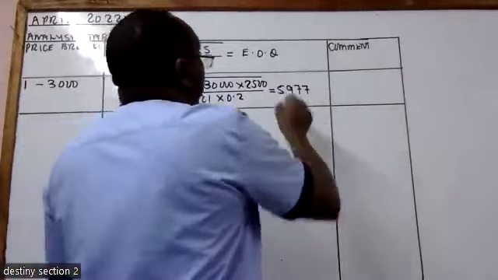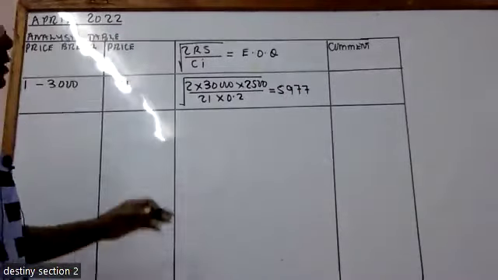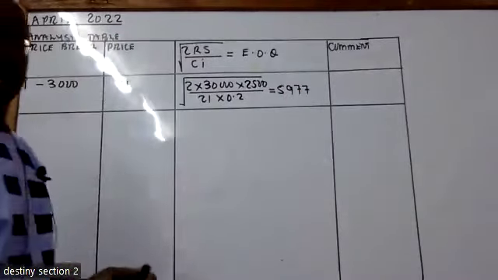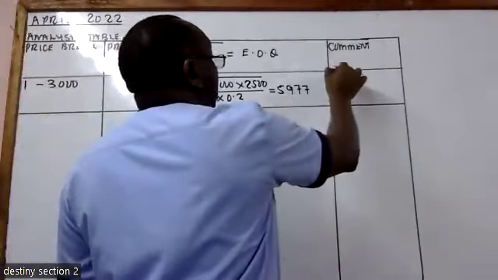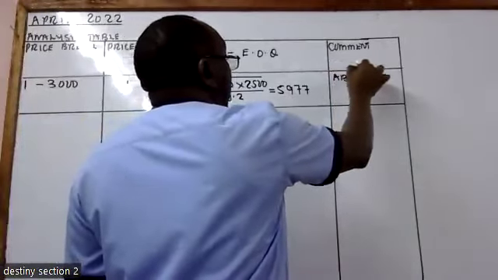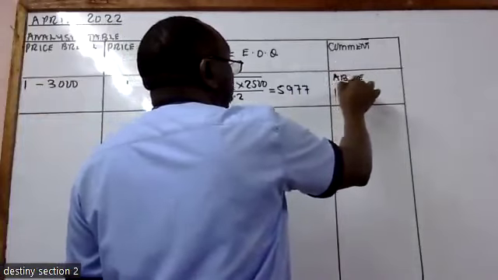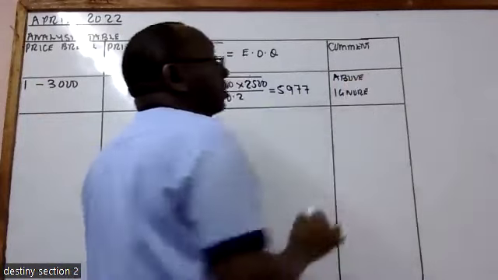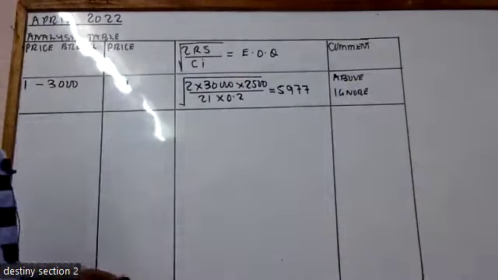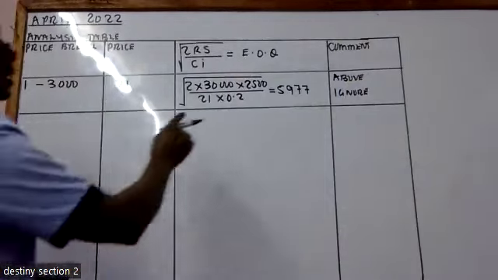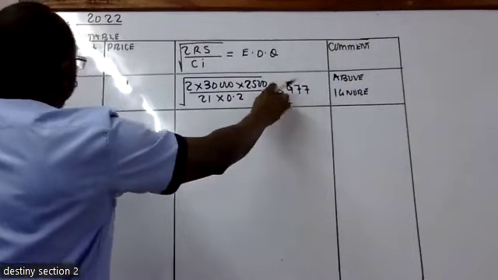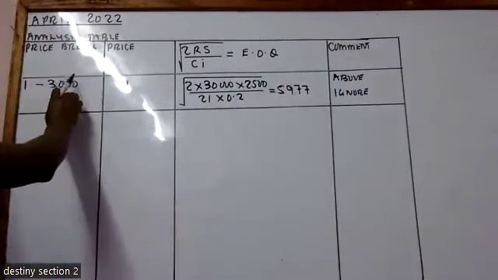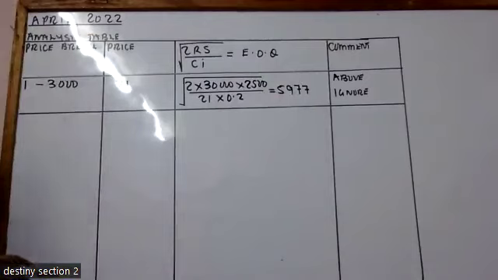So from there now, you can see it is above the break. So we normally say above the break. And if it is above the break, you ignore. So there is nothing much we shall do about it, because the EOQ that we are supposed to buy is already beyond the maximum limit that has been offered.